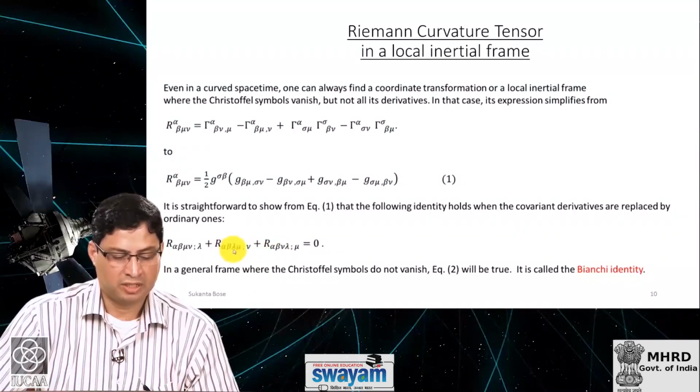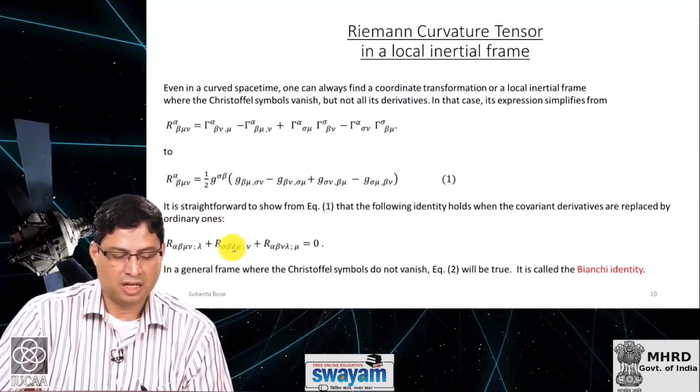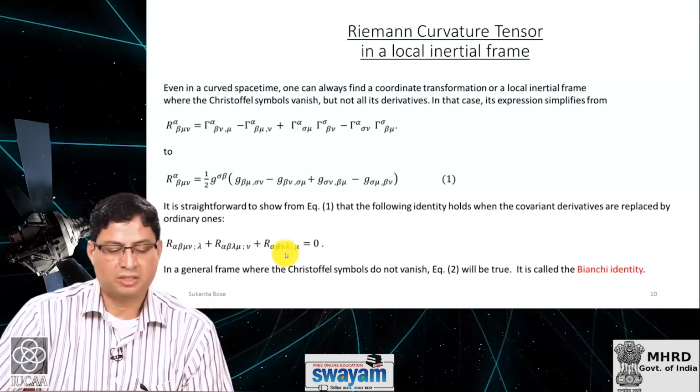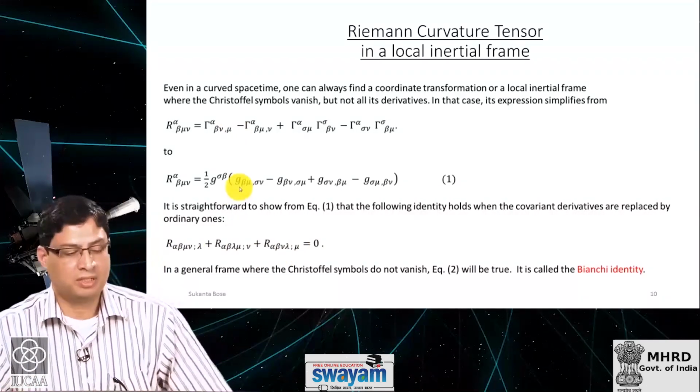Then that is how you get this middle term, and for the last term you move nu up by 2 places and move lambda mu back by 1 place each. So the sum of this combination is 0. This just comes from the earlier definitions of the Riemann curvature tensor.